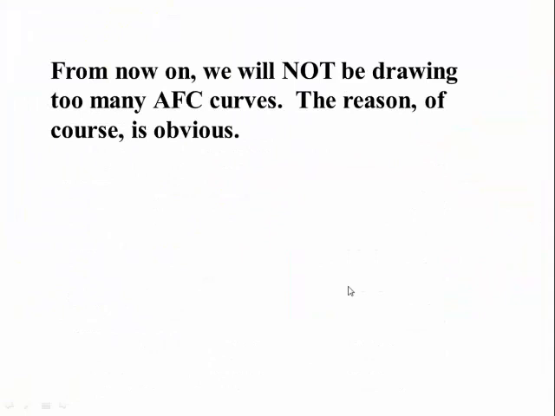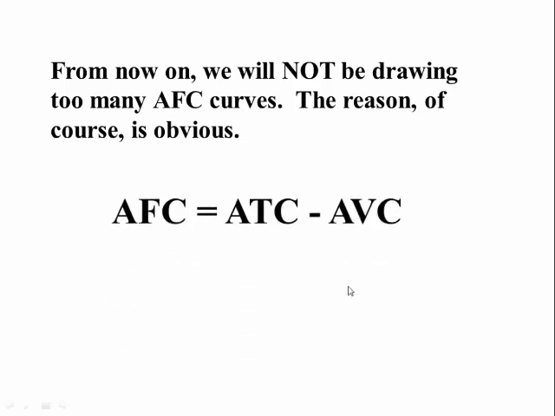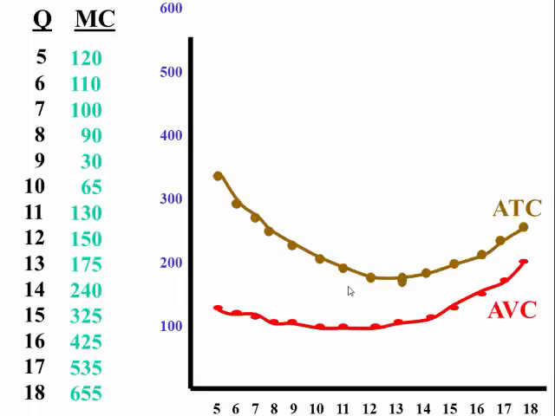From now on, you will not be drawing too many AFC curves unless instructed to do so. The reason, of course, is obvious. If you put the ATC and the AVC curve on the graph, you should be able to figure out the AFC at any quantity. But the most important cost is the marginal cost.